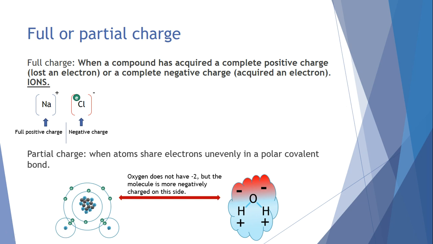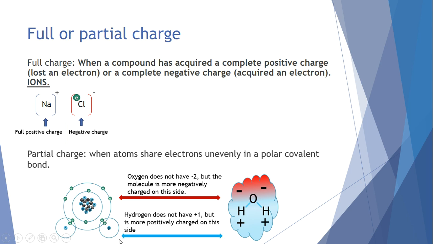In this image, even though we made minus signs and plus signs just to indicate that there's a difference in the charge of this electron cloud, it's very, very important to realize that oxygen does not have a 2- charge, but that the molecule is more negatively charged on one side, but it doesn't have 2- because it hasn't acquired complete electrons. The additional electrons it has gathered are shared in covalent bonds, so it has to share these. So they're not fully part of the oxygen here.